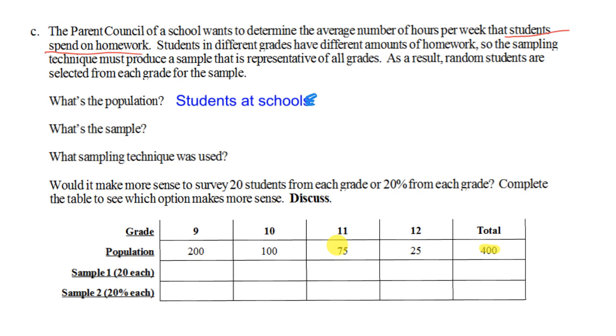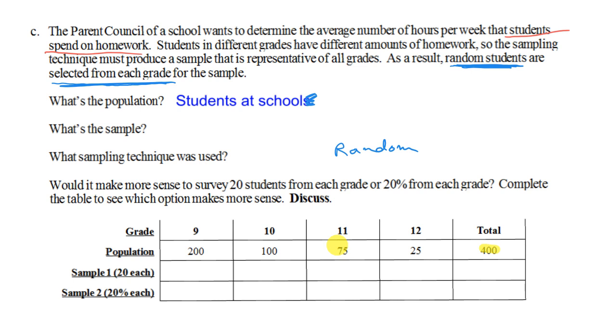As a result, students are selected from each grade. So random students, so there's your randomness, but they're selected from each grade. All right. So the key word is random.